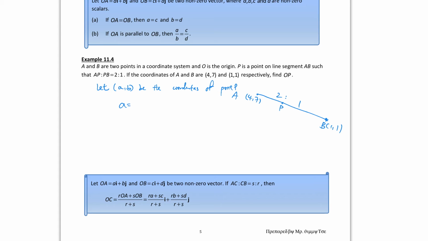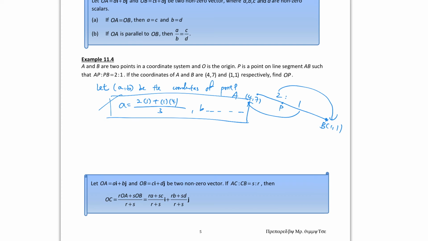I know it is 2 times 1 plus 1 times 4, that is, 2 times the x-coordinate of point B plus 1 times the x-coordinate of point A, over the total ratio, which is 3. But today, I don't want to emphasize this method because we have another method using vectors. Okay, we can use one equation to find it directly.